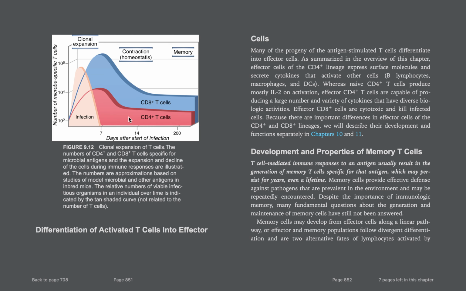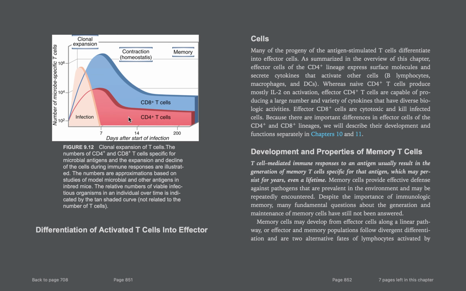Differentiation of activated T cells into effector cells. Many of the progeny of antigen-stimulated T cells differentiate into effector cells. As summarized in the overview of the chapter, effector cells of the CD4 lineage express surface molecules and secrete cytokines that activate other cells: B lymphocytes, macrophages, and dendritic cells.